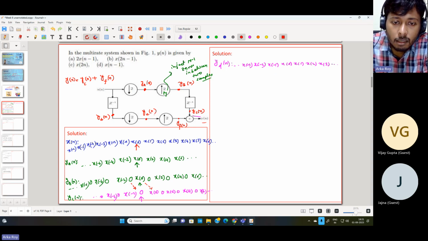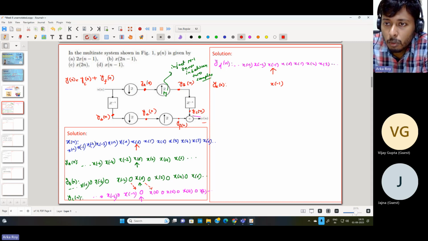Now mind it, as this has been shifted by 1, at the origin the sample is X of -1 instead of X of 0, as it has been shifted in the right hand side by a unit shift. Followed by that, we need to write YE of n. Now YE of n is basically the downsampled version. Downsampled version means we'll be dropping the samples at a regular interval.